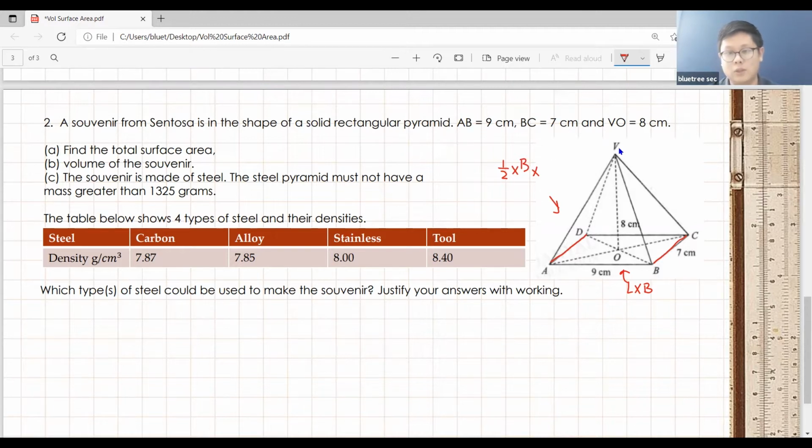Now, there's a lot of misconception in regards to the height of the triangle for a pyramid. A lot of students might think that the height is still referring to the 8 cm. It is not, because it is not perpendicular to this base that is on the side here. What is the real height is actually the slant height on the side here.